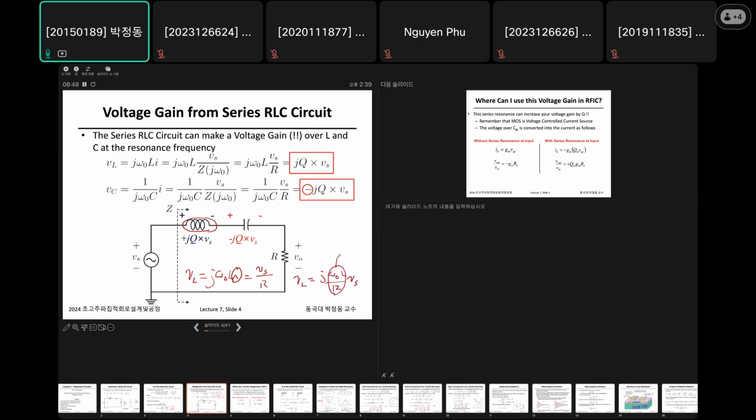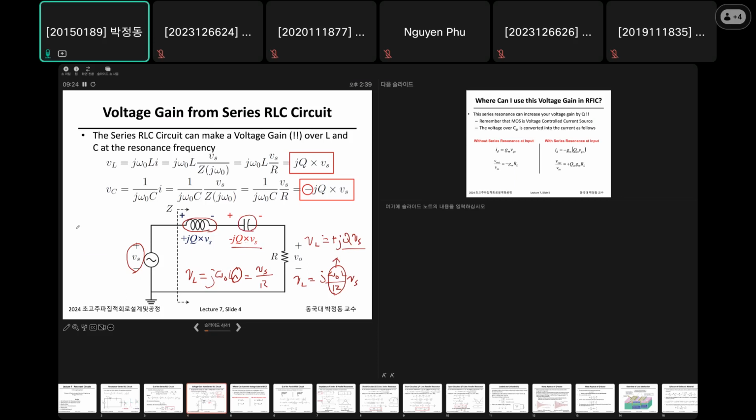This is Q. So VL is plus j Q Vs, which means if you apply Vs, then the voltage drop over the inductor is Q times the applied voltage. Then you can easily get that the capacitor voltage is minus j Q Vs.